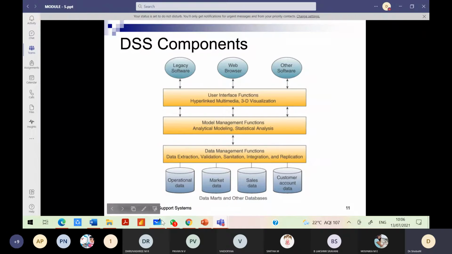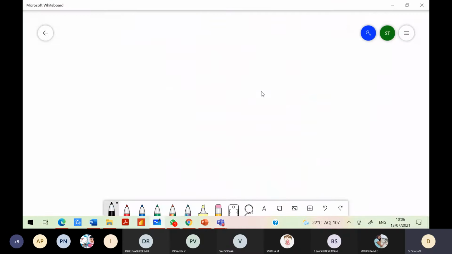First one is data. Second one is analysis. And third one is insights, right?